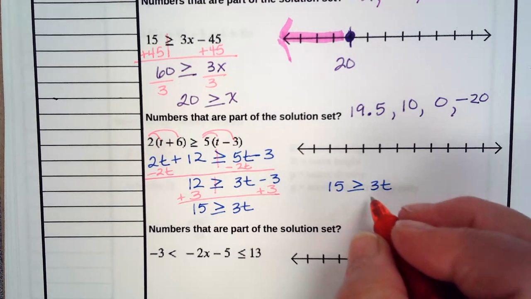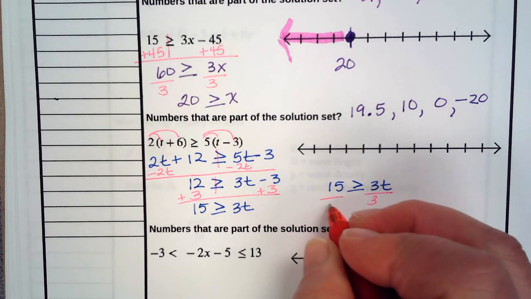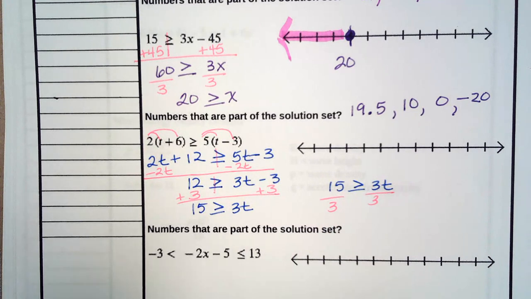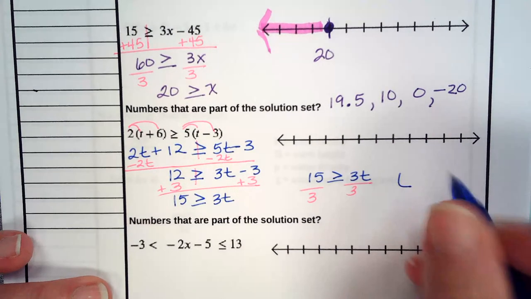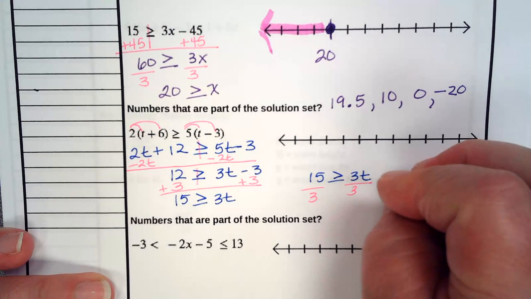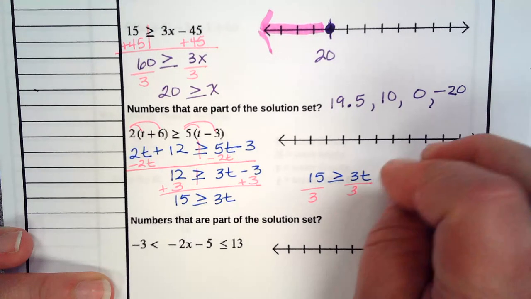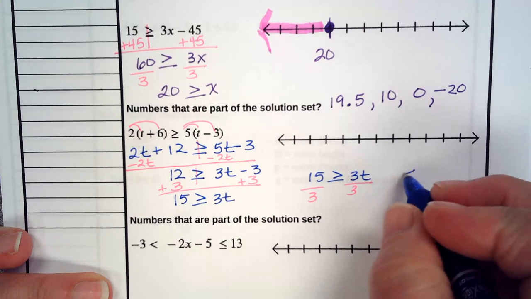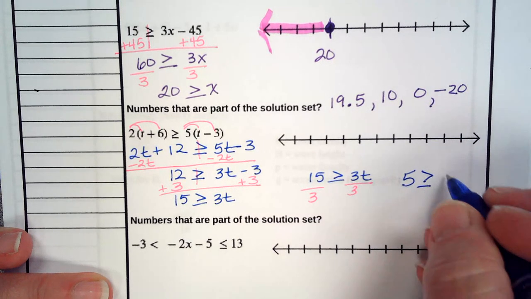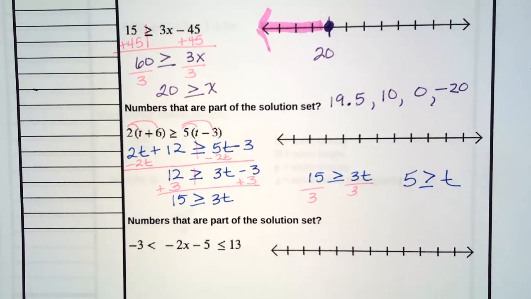Divide by 3. And 5 is greater than or equal to t. That means that t is smaller than 5.